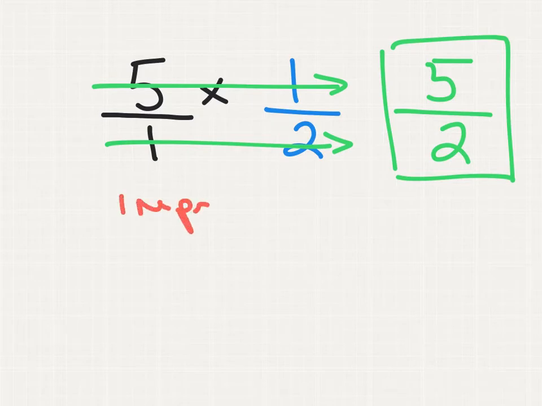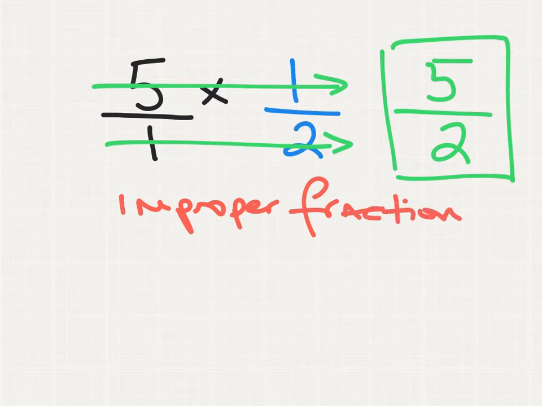An improper fraction is a fraction where the numerator is larger than the denominator. So I need to rename this improper fraction into a mixed number. And the way that I do that is I divide the numerator by the denominator.